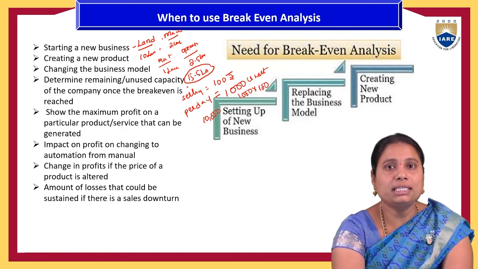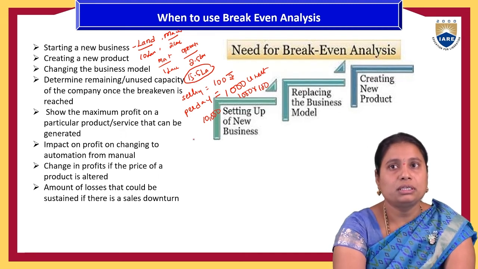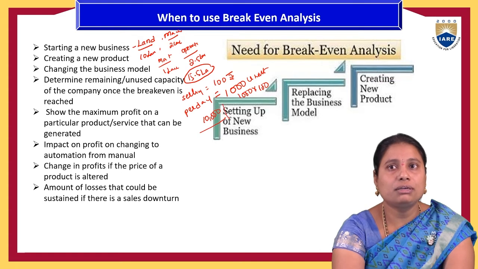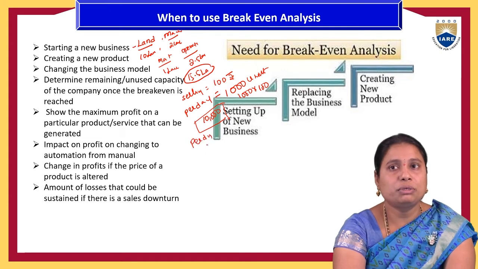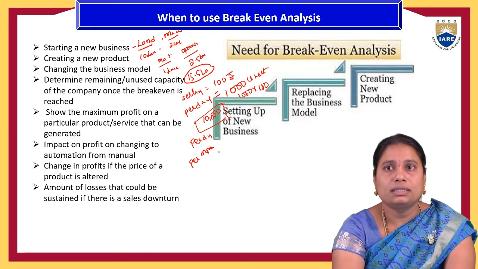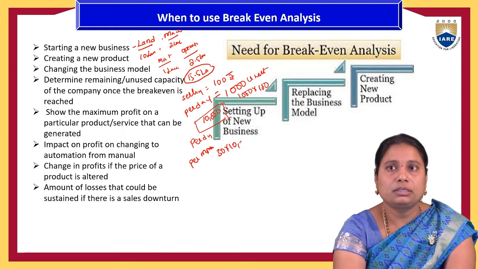If he has to get back this 15.5 lakhs of rupees, the number of days he will take: per day 10,000 means per month 30 into 10,000, that is 3 lakh rupees.